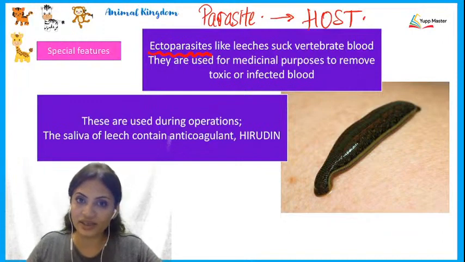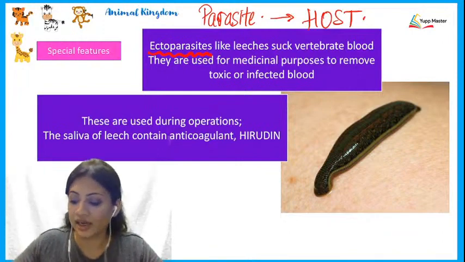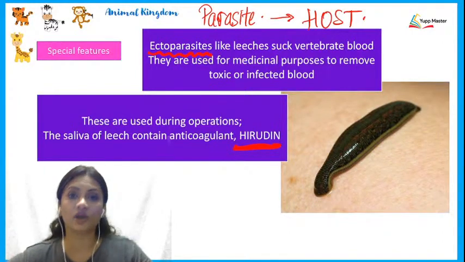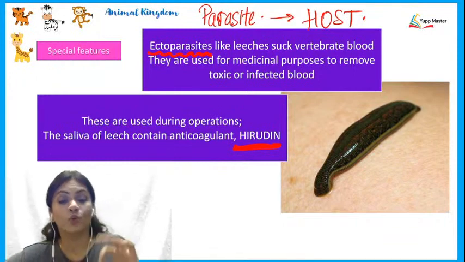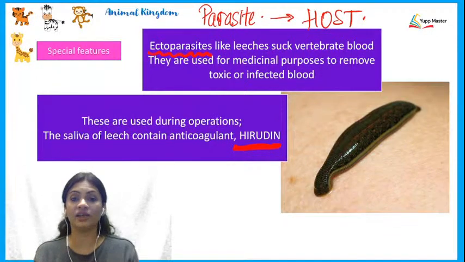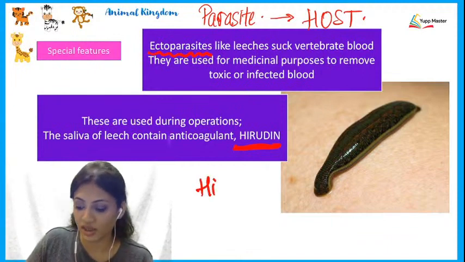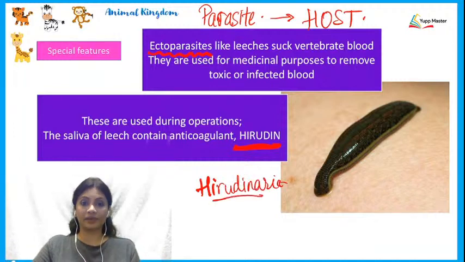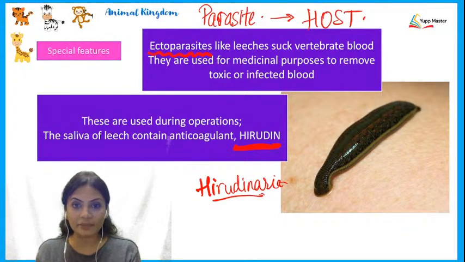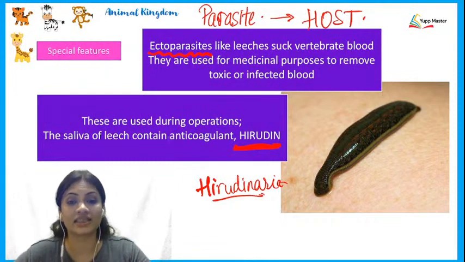That anti-clotting substance is called as hirudin. Because that anti-clotting substance is called as hirudin, we call leeches as Hirudinaria. Alright. So the scientific name for leeches is called as Hirudinaria, because of the presence of this anti-clotting substance which is there in its saliva.